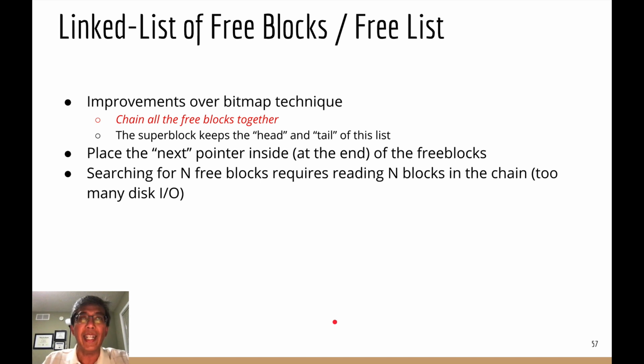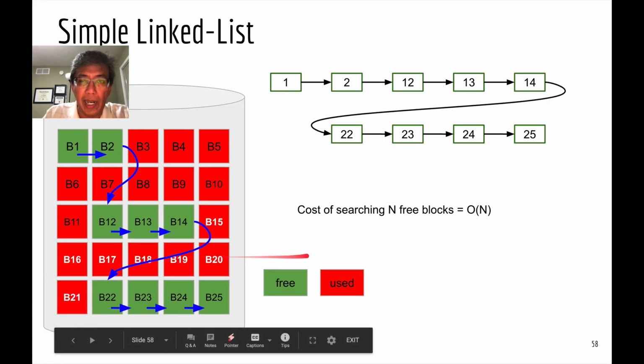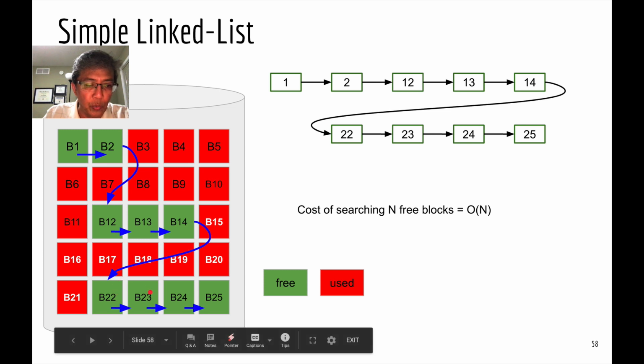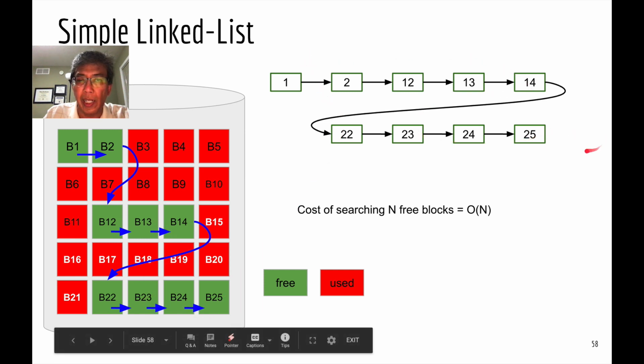If you recall the link or chain allocation strategy, where blocks allocated to a file are linked together into a linked list, we can use the same idea to keep all our free blocks together. So let's say we have 9 blocks in our disk free, B1, B2, B12, 13, 14, 22, 23, 24, 25, and we can just chain these free blocks together into a long list.